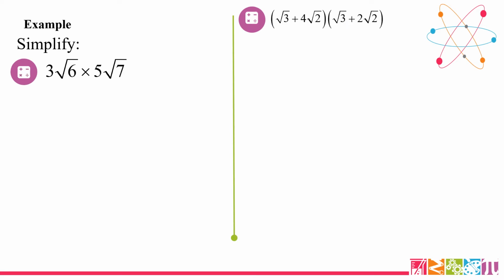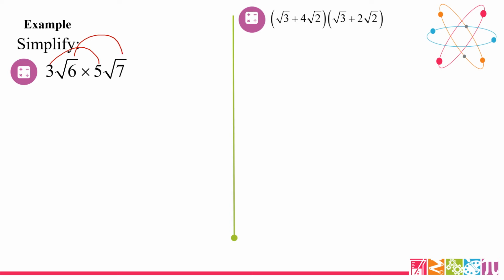Example: simplify 3 root 6 times 5 root 7. First, what you have to do is multiply the numbers together, and the roots together.